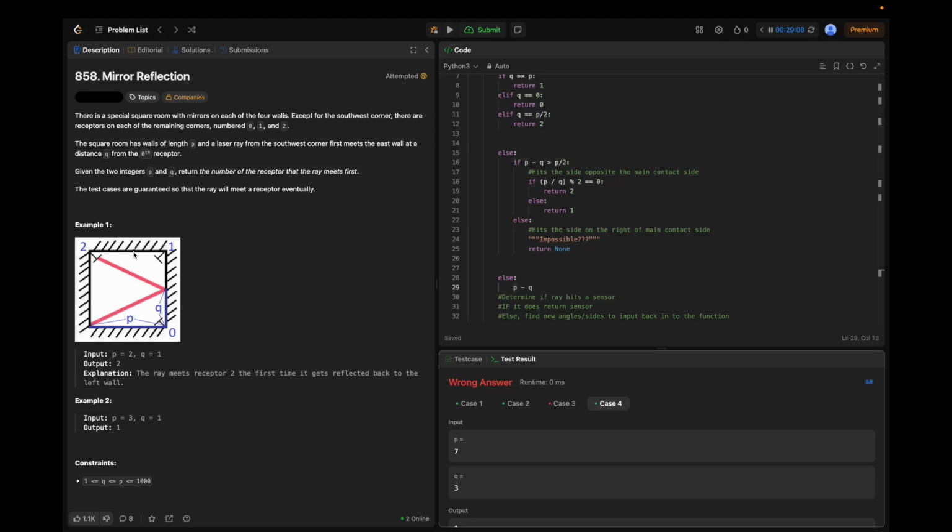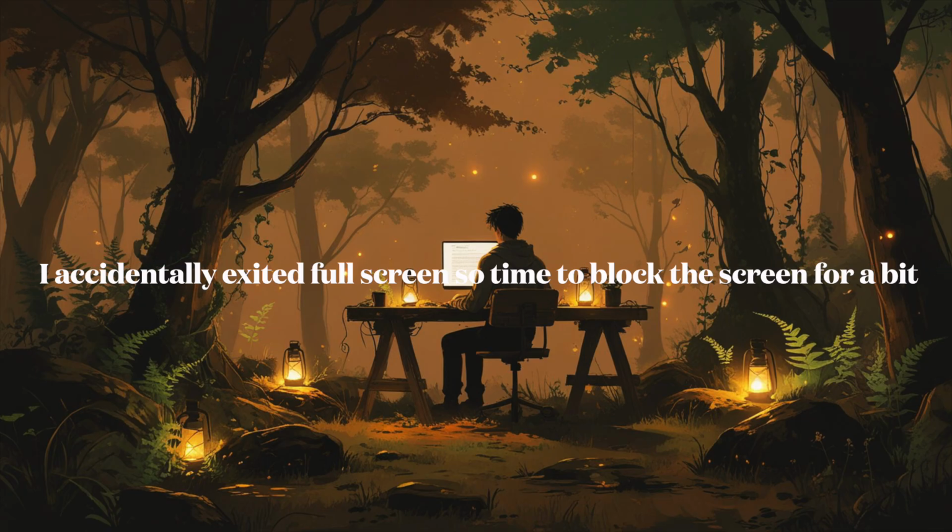I'm going to say, I'm going wild and guess here, if it's less than half, because it just makes sense in my head. If it's less than half, it'll hit one side, and if it's more than half, it'll hit another side. So if I'll say 7 and 5 right now, right? I'll add a case. Oh shoot.